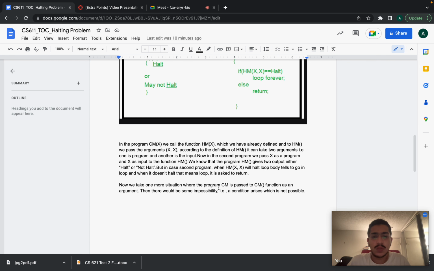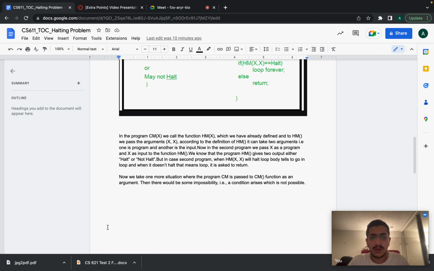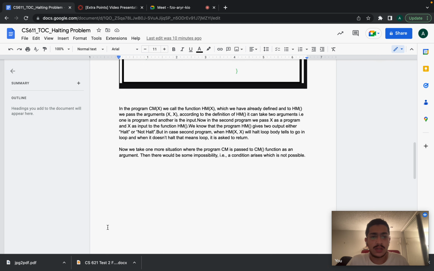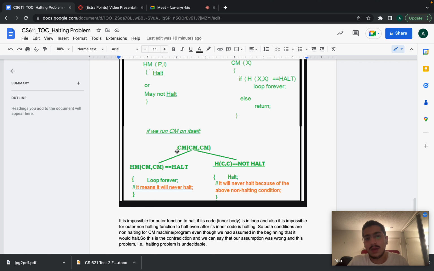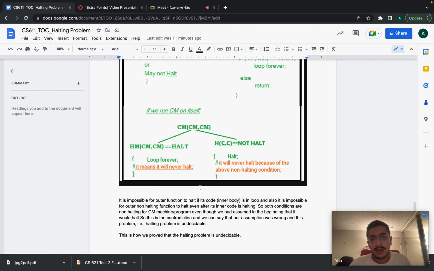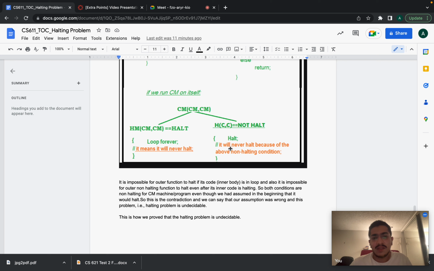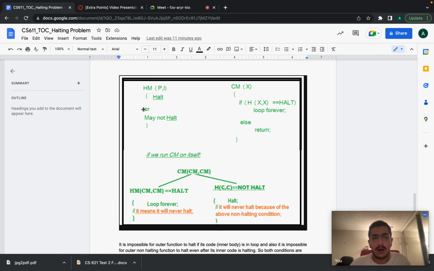Now we can take one more situation where the program CM is passed to the CM function as an argument. There would be some possible conditions, which is not possible. When we put it into recursion, it means it'll go into a forever loop or it'll halt. In this case it will never halt because of the above non-halting condition.